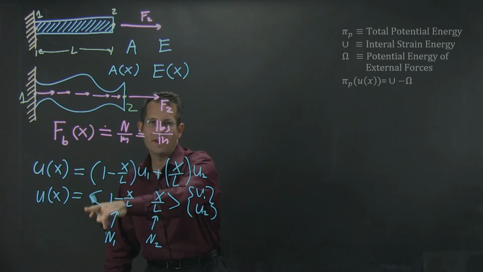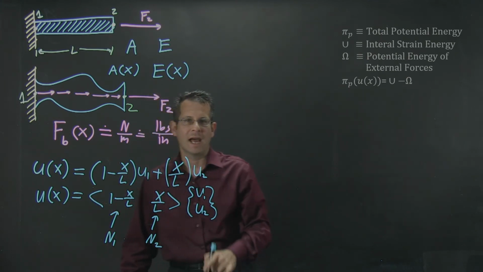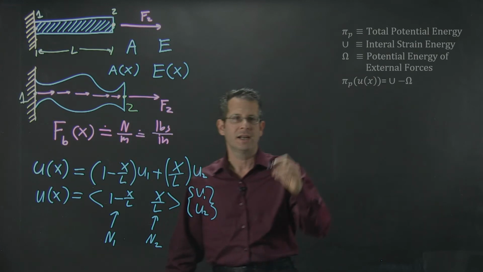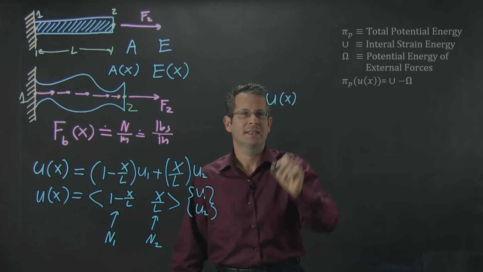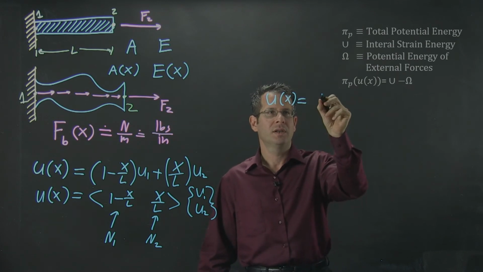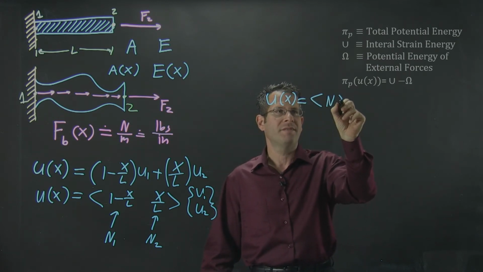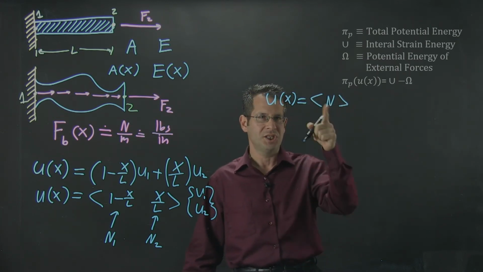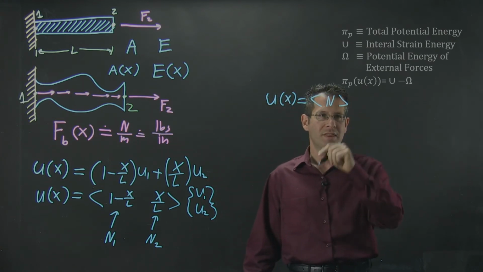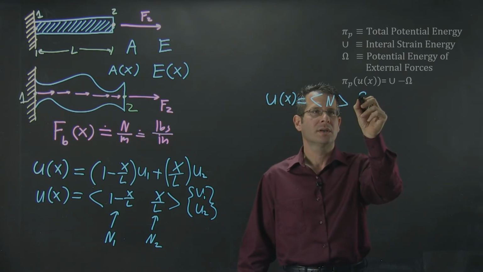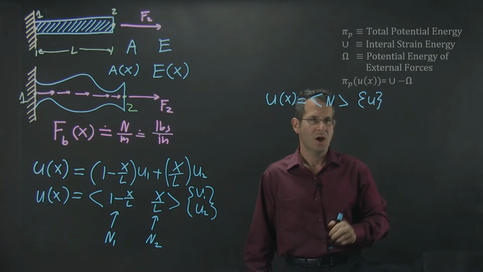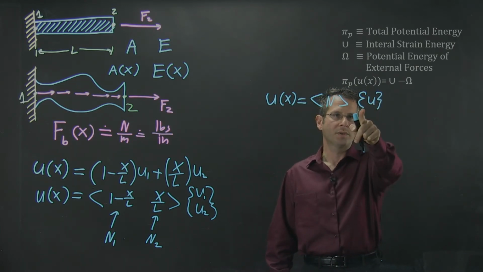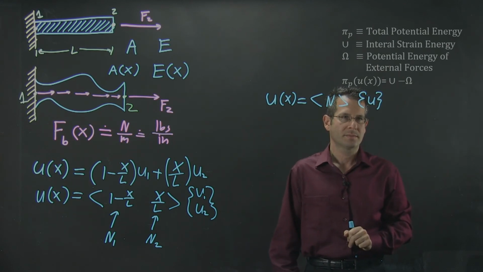Now, what this means, of course, is that I can write this as shorthand: u of x is equal to what is called the shape vector N, or it might be a shape matrix in some method we may develop later in this course, times the column vector u, where the column vector u holds my nodal displacements.